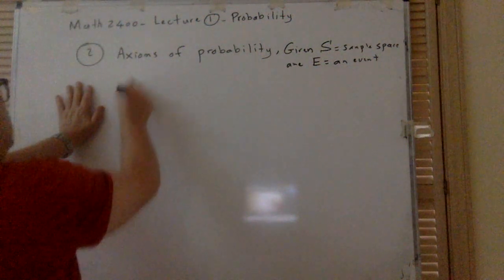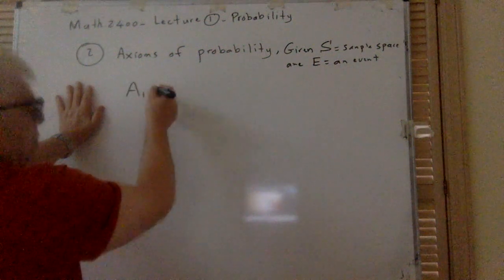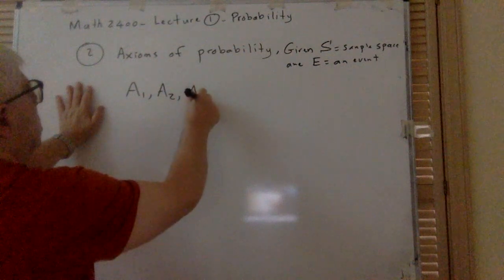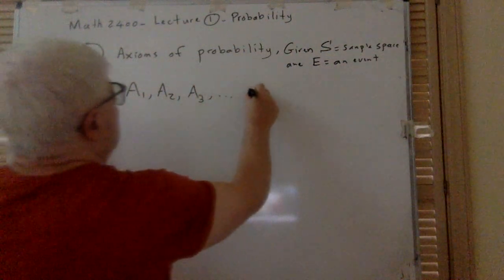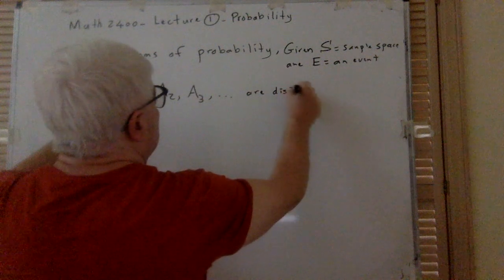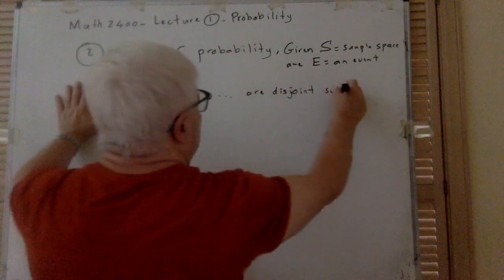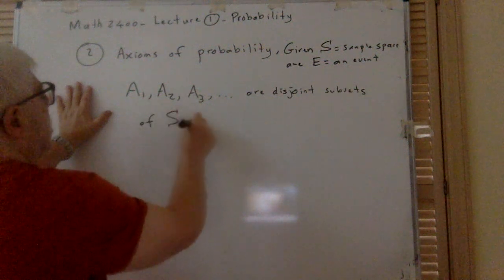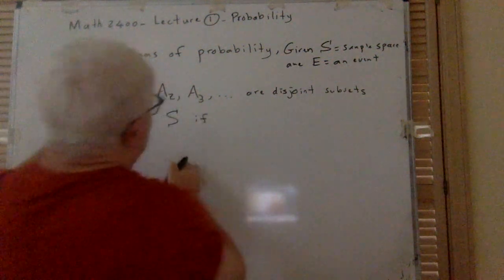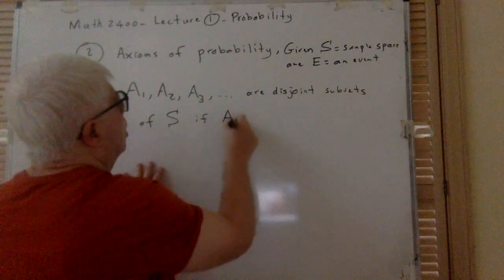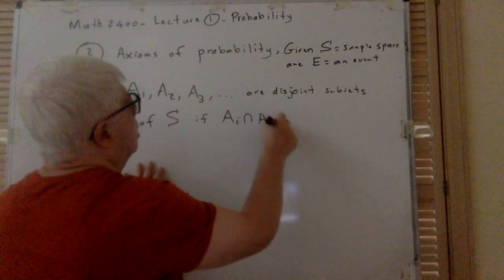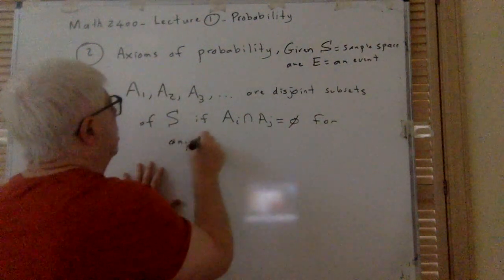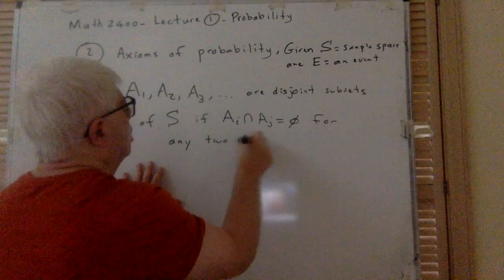We say that A1, A2, A3 are disjoint subsets of S if A_i intersect A_j is empty for any i and j.